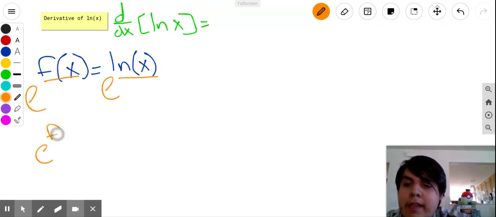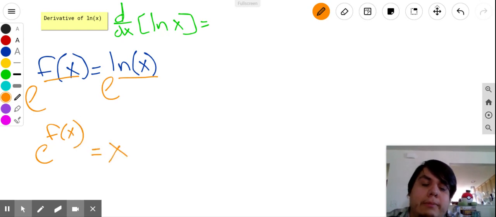I get e to the f of x power equals x. E raised to the natural log of x, they're inverses so they cancel out. That's how I got the x out. E to the f of x, I don't know, but I'm going to roll with it.